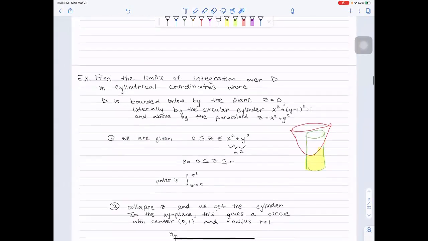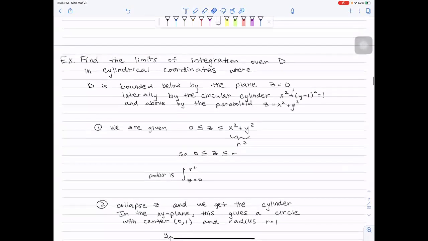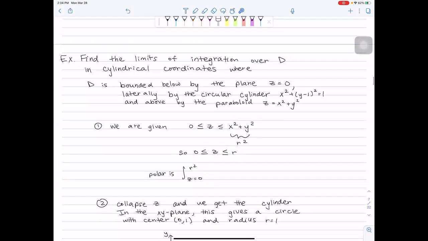So let's just do an example. It says find the limits of integration over D in cylindrical coordinates, where D is bounded below by a plane, laterally by a circular cylinder, and above by a paraboloid.